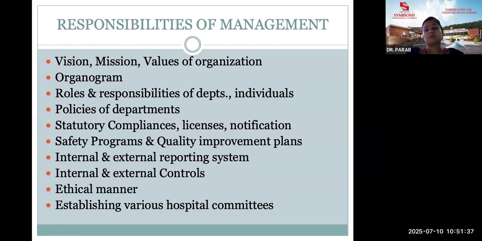You can have the Hospital Infection Control Committee, right? You can have a mortality committee. So there are so many committees which the organization expects to have. And establishing these committees, identifying people who would be a core part of the committee, and monitoring all their activities is also a part of the responsibilities of management.